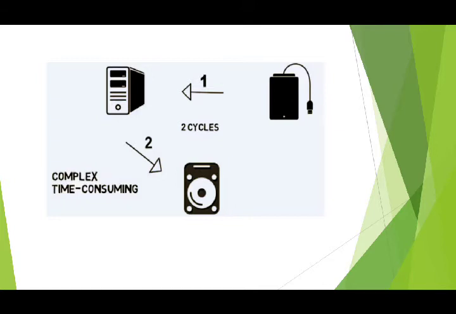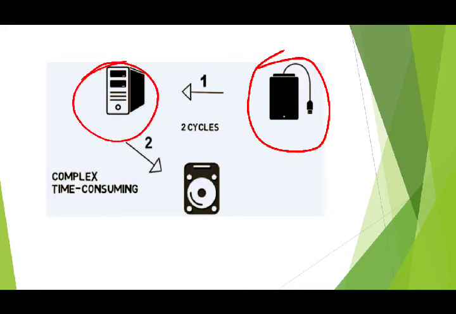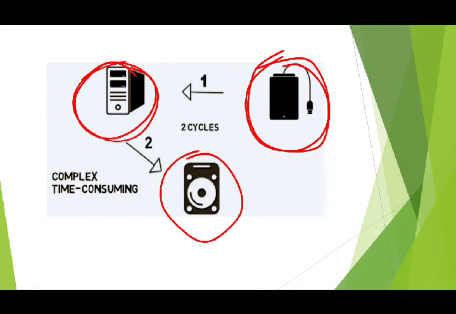Whenever we want to access memory from the input output devices to the CPU, and from the CPU to the memory, transferring data from the input output devices to the CPU needs one cycle, and from the CPU to the memory we need a second cycle.